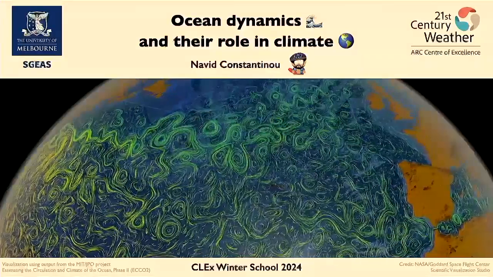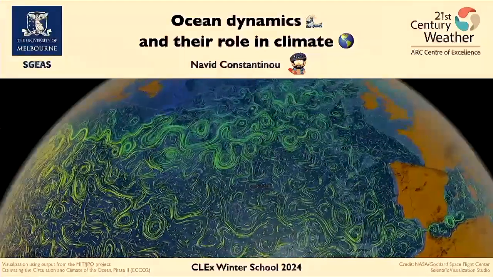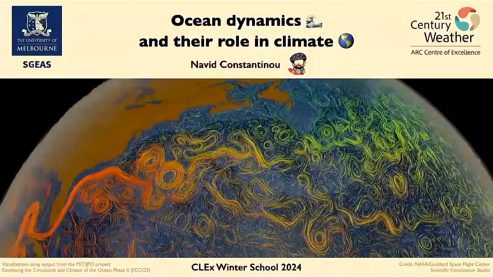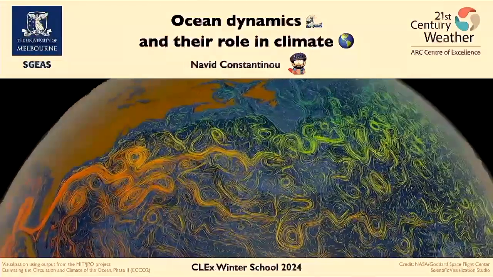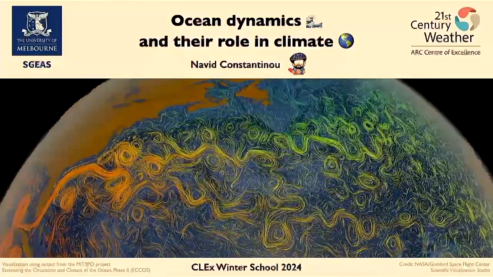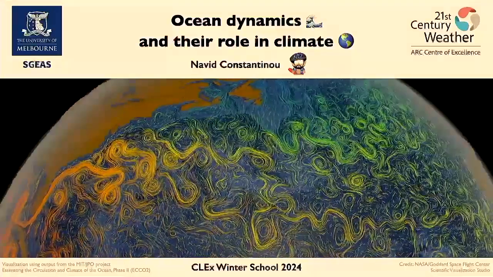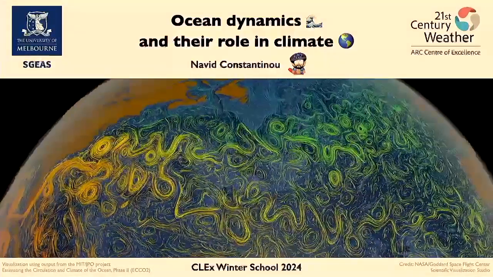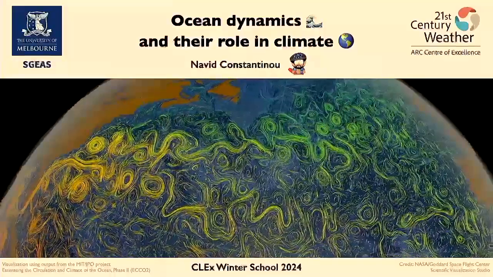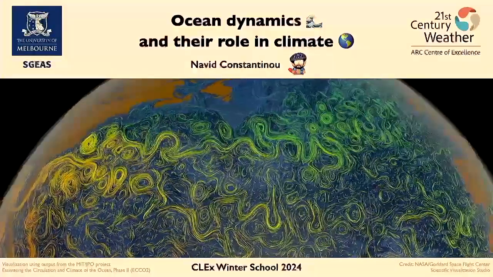So this is how ocean surface currents look. If you go just below the waves, I think this is around 50 or 100 meters deep. This is from a simulation, what you're looking at here, the North Atlantic. It's a global simulation, but it's also what we call a state estimate.